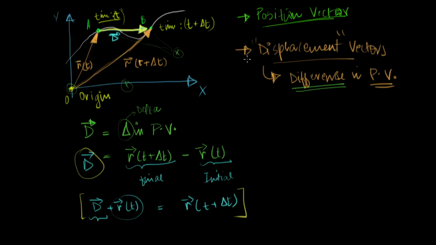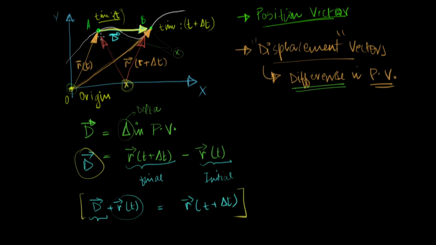Now, going back to the bias we introduced in position vectors with respect to the origin, we can disregard that now, because this displacement vector doesn't have anything to do with where we defined our origin. If I had chosen this as my origin, I would have gotten two very different vectors. The first position vector would have been this, and the second position vector corresponding to B would have been that.